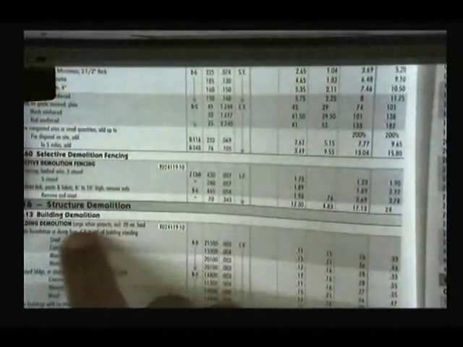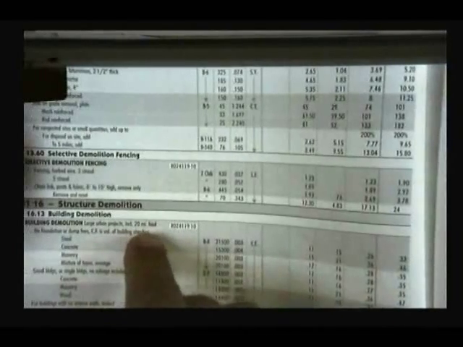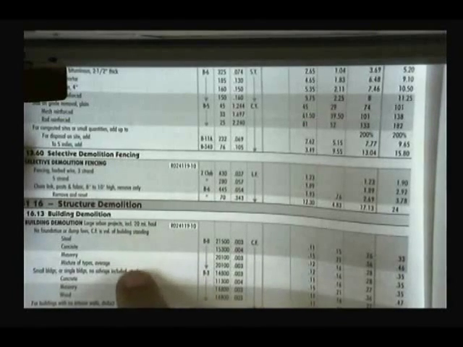Well, it says here, building demolition, large urban projects include 20 miles haul. But I don't know, I would think that they will use heavier equipment to bring this building down.